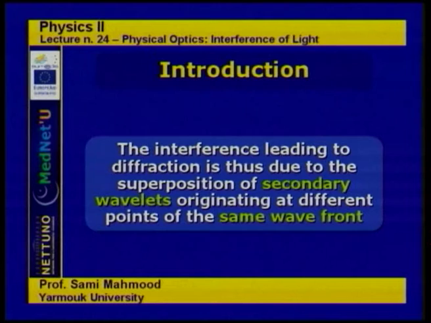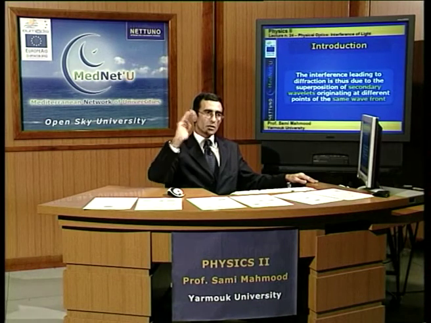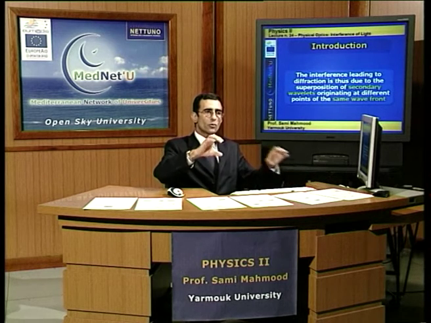The interference leading to diffraction is thus due to the superposition of secondary wavelets that originate at different points of the same wavefront, because we are talking about a wave that is bending around an obstacle, or a wave that is going through an aperture.